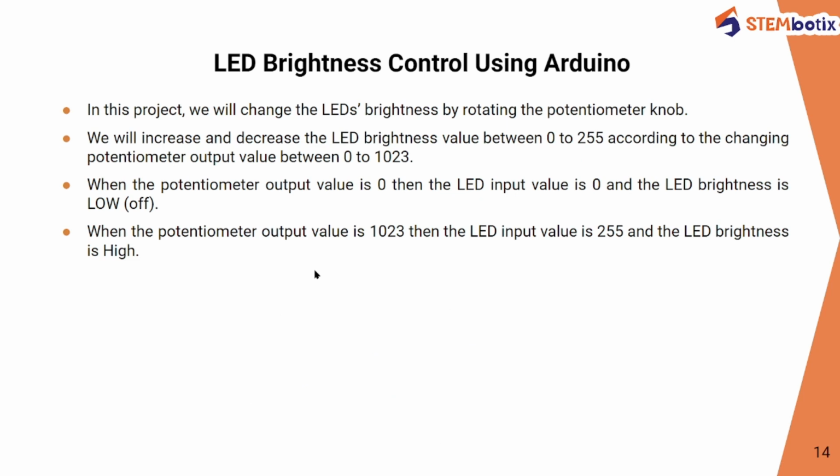So we will increase and decrease the LED brightness value between 0 to 255 according to the changing potentiometer output, which is between 0 to 1023.